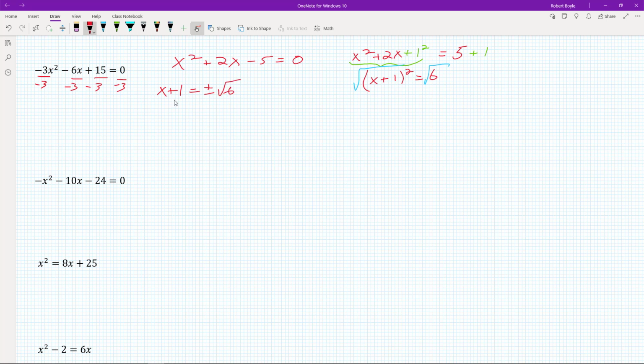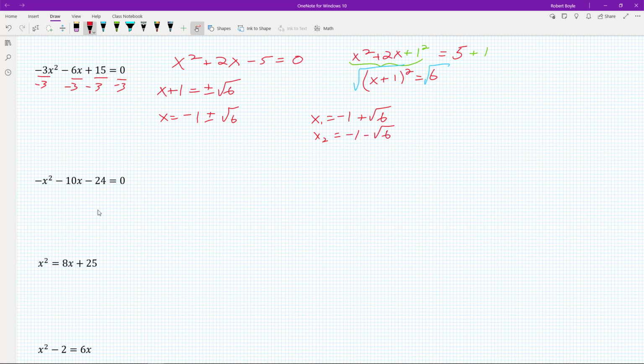We isolate the x by subtracting 1 from both sides, and that will give us that x is equal to negative 1 plus or minus the square root of 6. Our two solutions will be x1 is equal to negative 1 plus root 6, and x2 is equal to negative 1 minus the square root of 6. And that's how we do step 1.